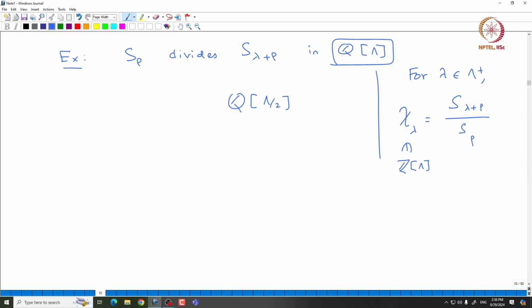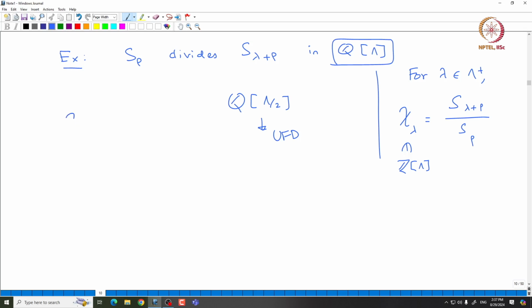So, you can easily prove that this is isomorphic to some Laurent polynomial algebra over Q in finitely many variables, so that the transcendence degree matches the dimension of lambda by 2. So, this is indeed a UFD. This is a unique factorization domain. I am not going to do all those things here.